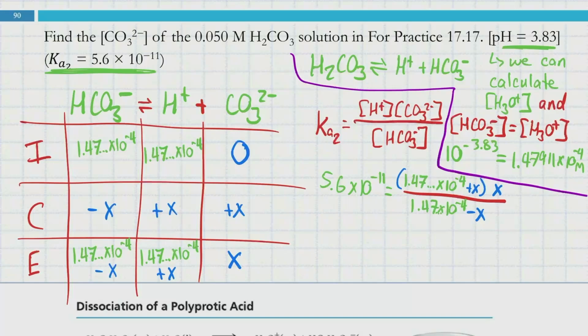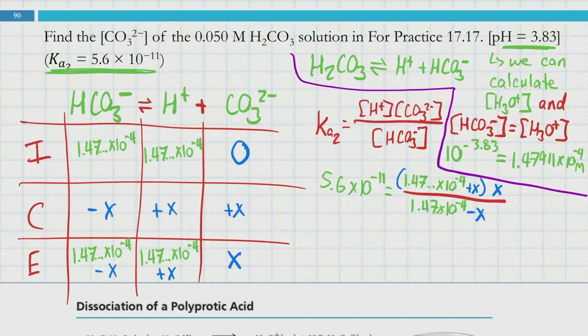And this is where the magic happens. If we look at our initial concentration of either of our ions, it's about 10 to the minus 4. Our Ka value is about 10 to the minus 11. Very big difference between those two.